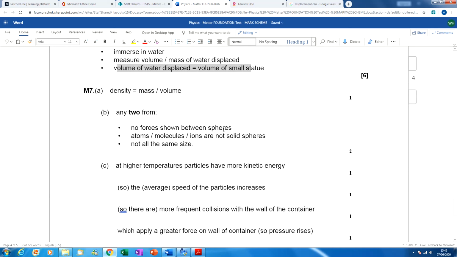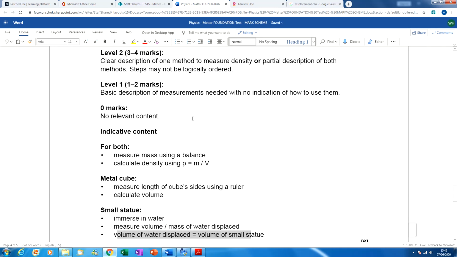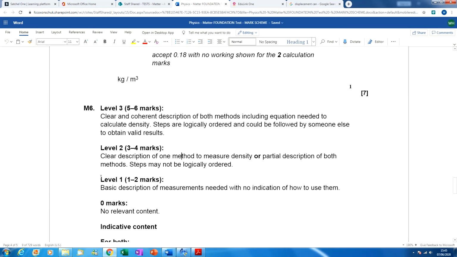Okay, so if you've basically said a few things you can measure, you get 1 or 2 marks. If you manage to explain how to get a clear description of one of them, but you've missed out some steps in the other ones, or your steps are a bit jumbled, you would get 3 or 4 marks.